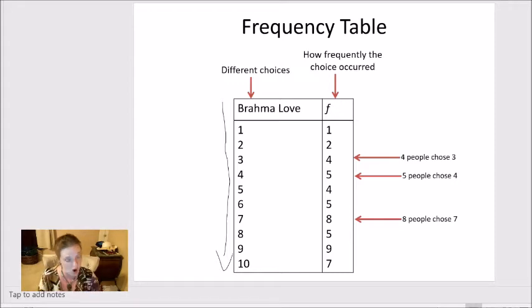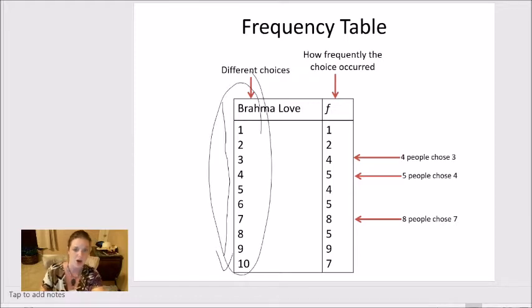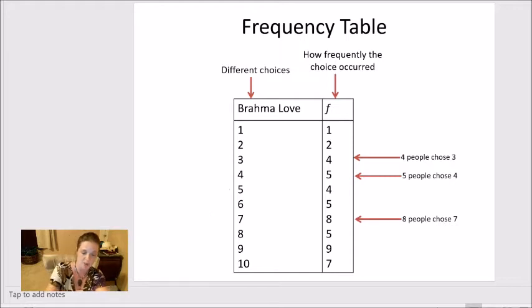As you recall, I said that Brahma love was going to be measured on a scale of 1 to 10 from that example from before. Some people were going to say 1, some people were going to say 2, some people were going to say 3, all the way to 10. And so you essentially list all the possible outcomes over here along the left-hand side of your graph. That is how that works. Make sense? So these are your possible outcomes.